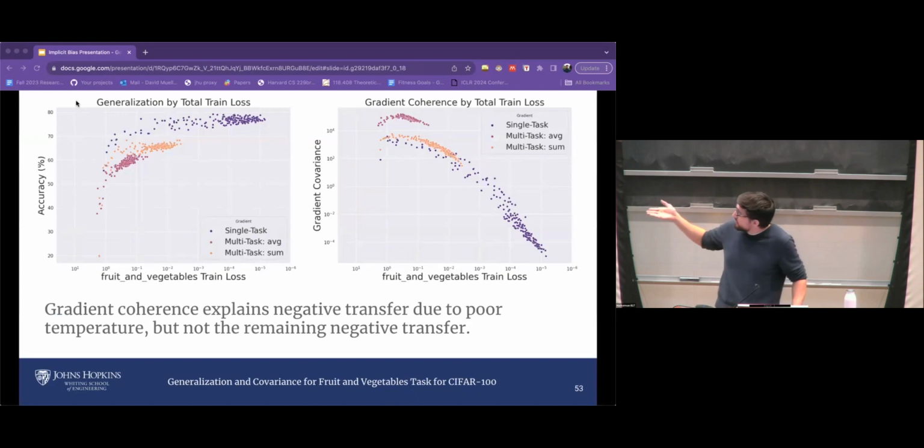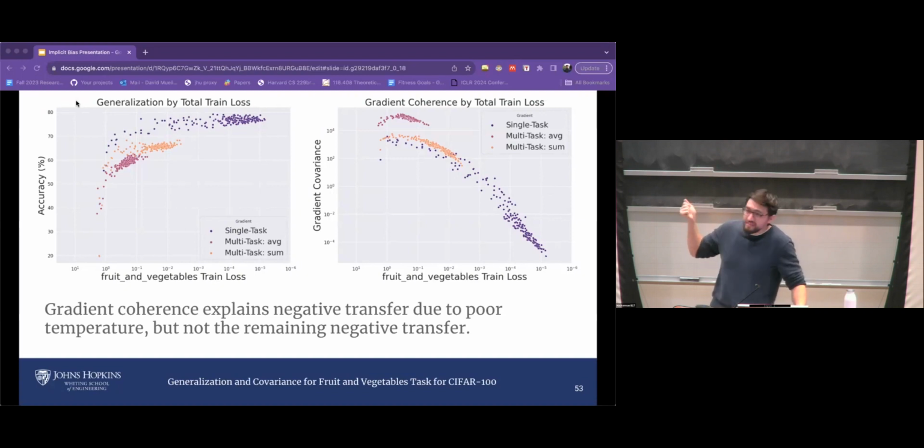So here we return to single task models compared to average gradients and the sum of gradients. We do have a significant difference in gradient coherence between averaging and summing. The linear scaling rule that we're taking care of when we sum the gradients rather than averaging them is having a huge effect on our gradient coherence. But the difference between summing multitask models and the single task gradient coherence is not really significant, and our generalization gap still is pretty large, right?